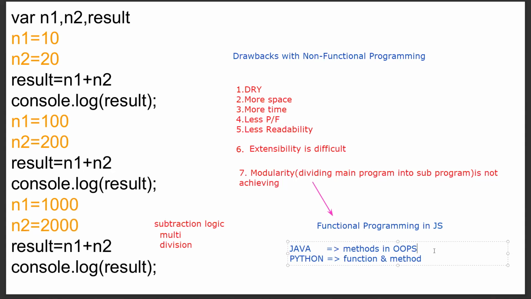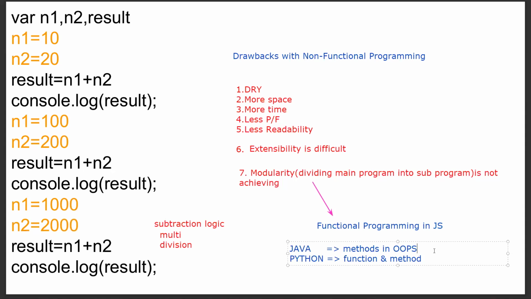So if you know functions in JavaScript, you can do anything in any JavaScript framework like React, Angular, Vue, Node, Express, Nest, Next, whatever JavaScript framework you can name. You can easily write the code if you know only one concept, the function.